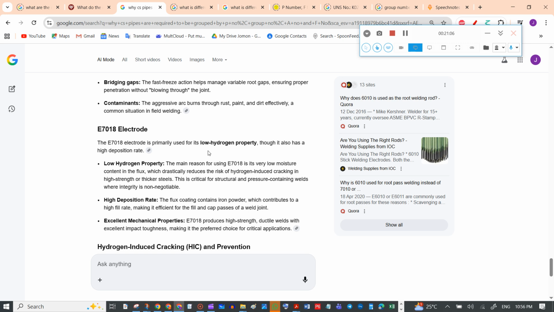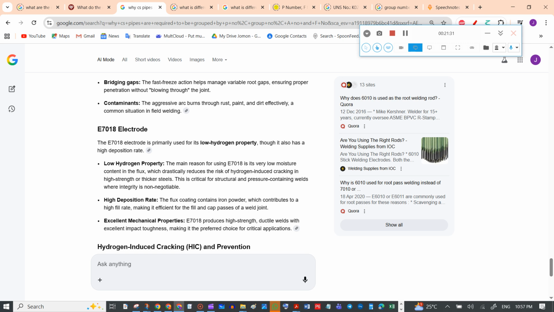The second reason we are using 7018 is its low hydrogen property. So what is 18? 70 we said is 70,000 psi, 1 is for all position welding, and 8 is for the iron powder coating of the electrode.